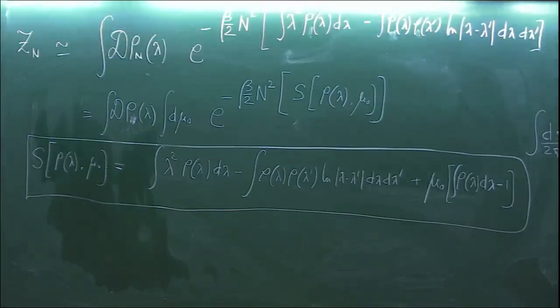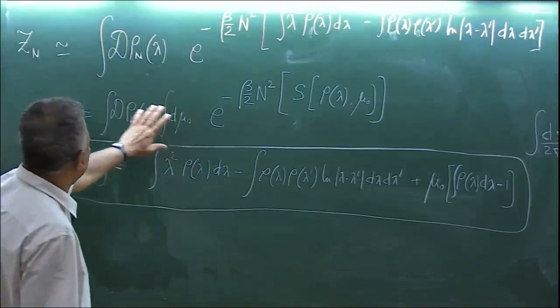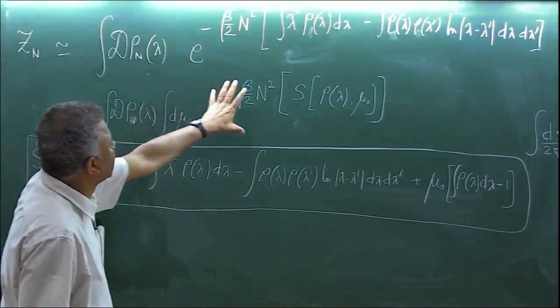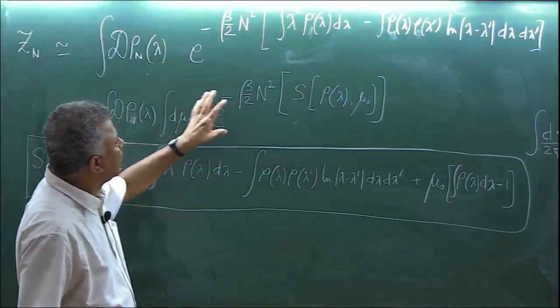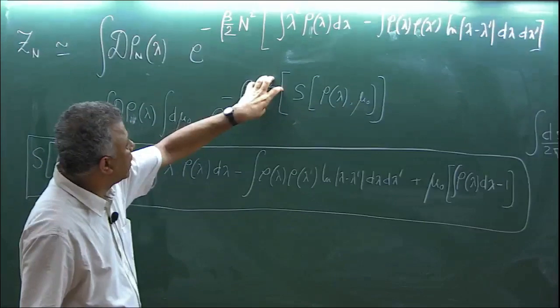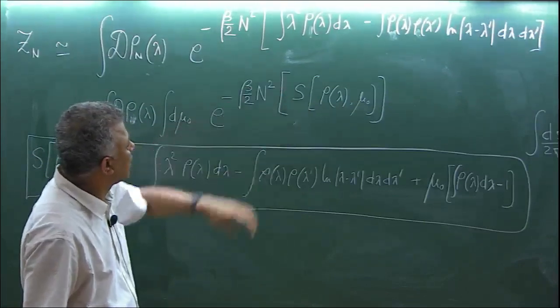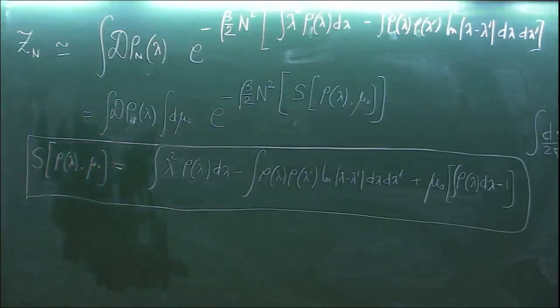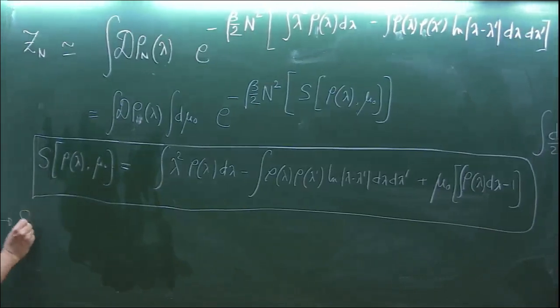Now, what you see here is a situation where there's an explicit n coming over here, right? That immediately tells you that whenever you have an integral with e to the power minus some power of n times something, there's a way to estimate such integrals, which is called the method of steepest descent or saddle point method.